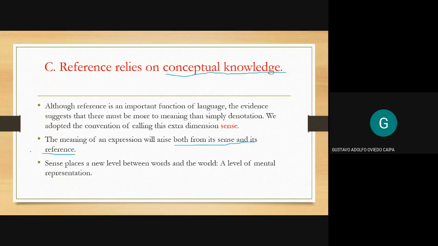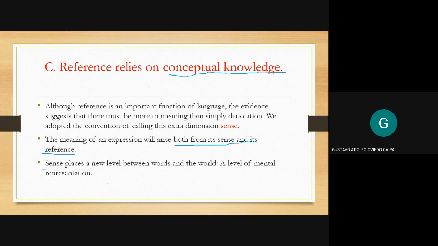And for some linguists, at least for some philosophers too, the meaning of an expression is a combination of the reference, that means the objects that they try to denote or connect to in the world, and also from its sense, right? From the relationships that the expression has in language. So sense places a new level between words and the world, the level of mental representation.